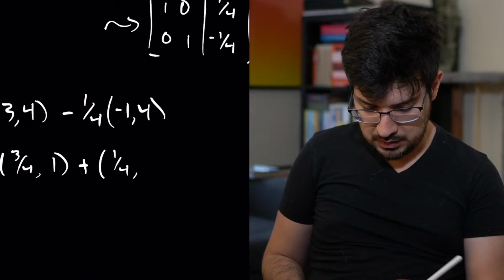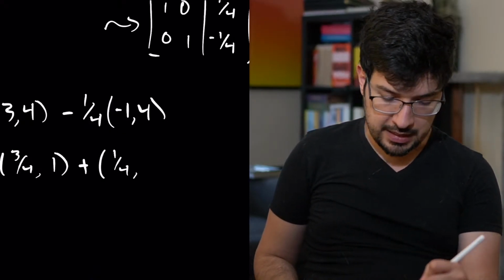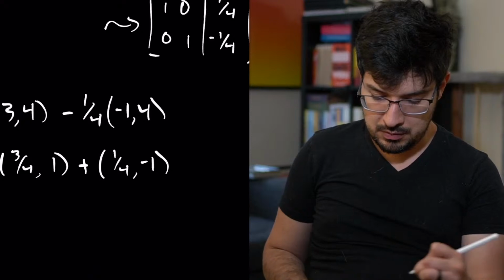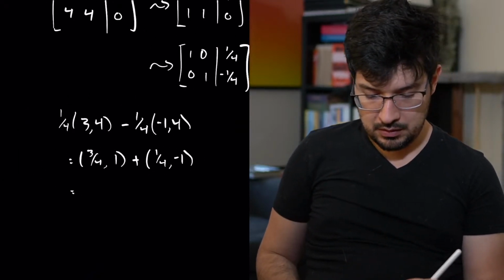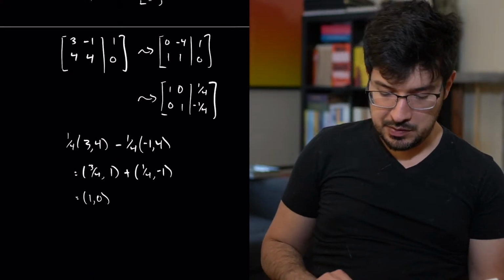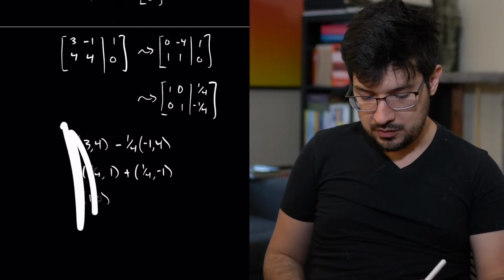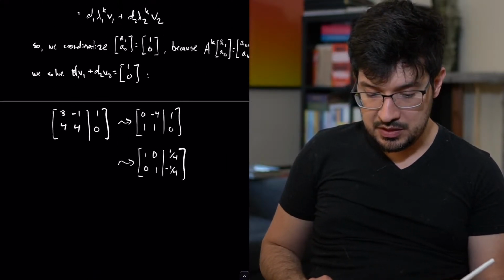Here, plus 1/4, comma, negative 1. We correctly get 1, 0, and that's what we wanted. So, just confirmed our coordinatization.